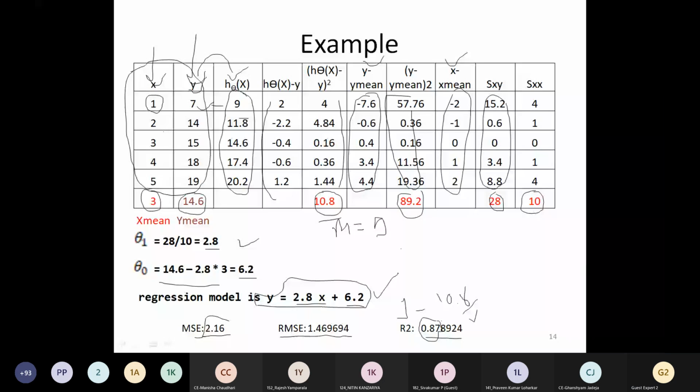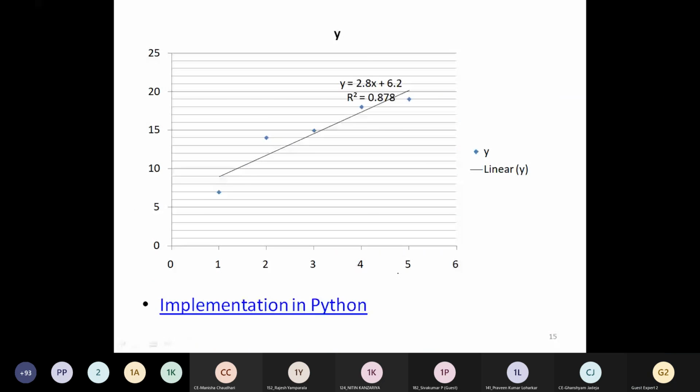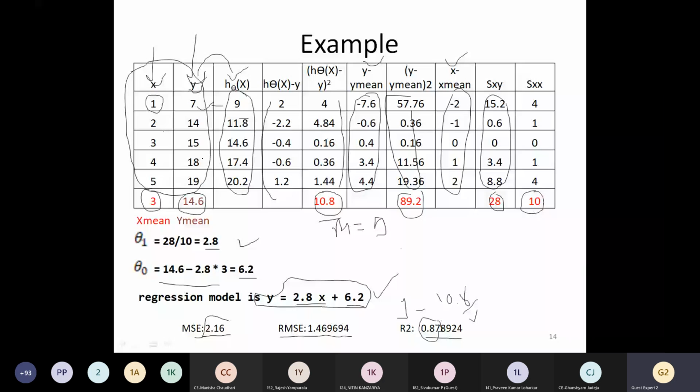Now our regression line. If you look at these h theta x functions, that is nothing but a function of line, the equation of line.